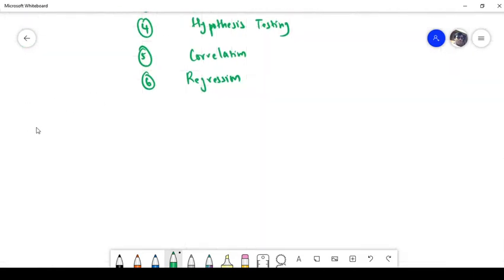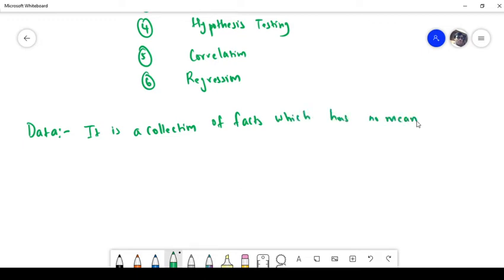Now, what is data? Data is nothing but a collection of facts which has no meaning. Why are we saying that the data has no meaning?